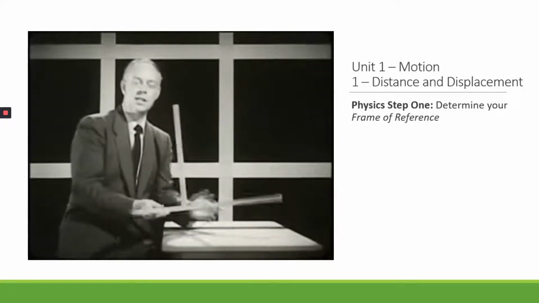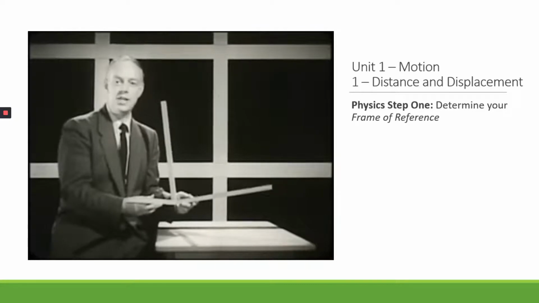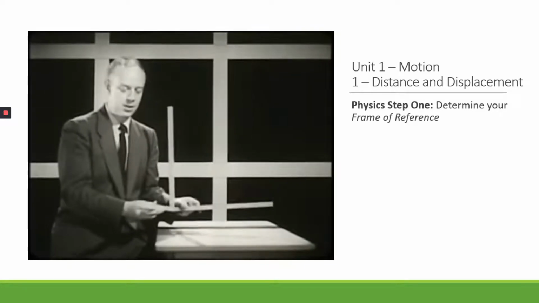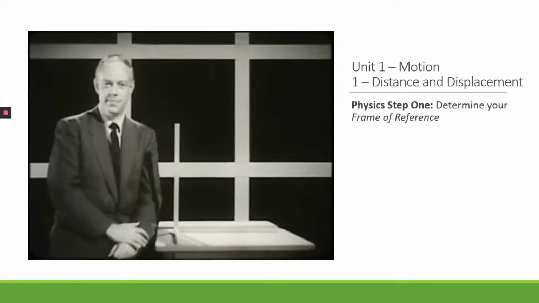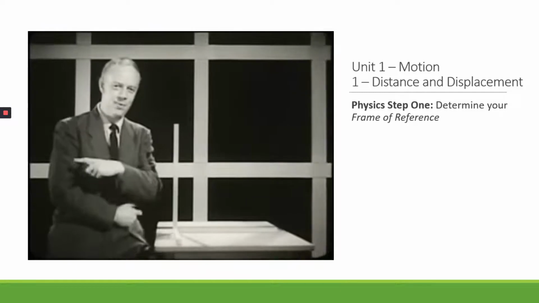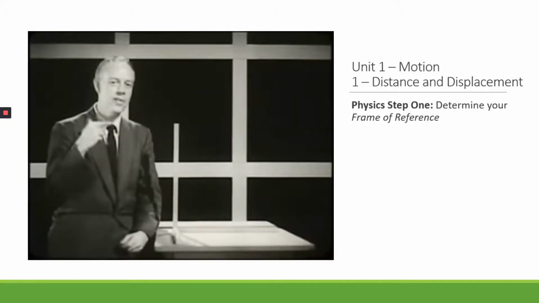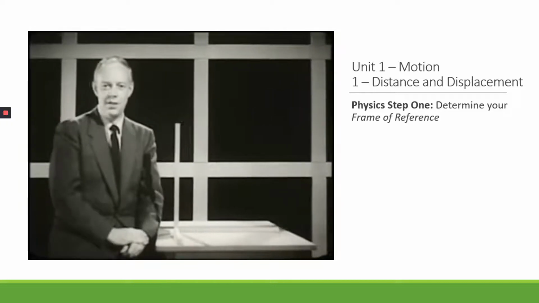This represents a frame of reference. Just 3 rods stuck together so that each is at right angles to the other 2. Now I'm going to move in this direction. You see the frame at the same spot on your screen, but you know I'm moving this way because you see the wall moving this way behind me. But how do you know that I'm not standing still and the wall moving?